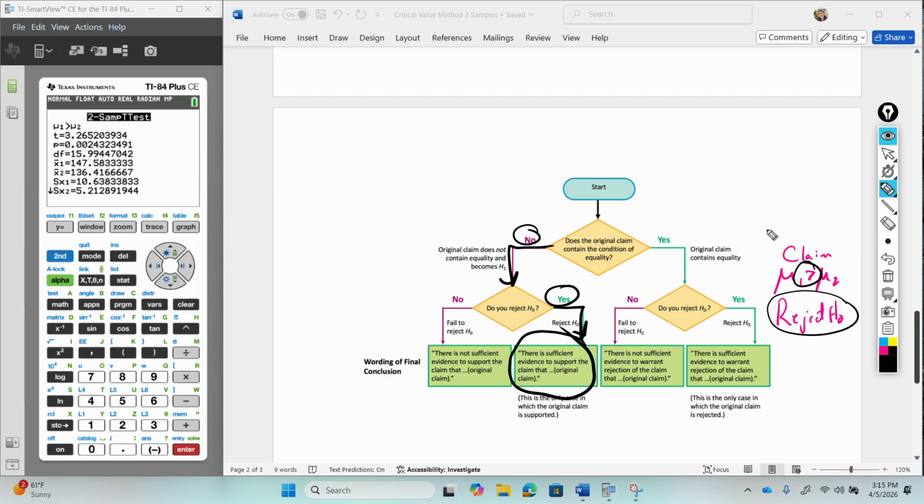And so now this is what we use. I'm going to start typing up here. There is sufficient evidence to support the claim that, so we get a definitive answer on this one.